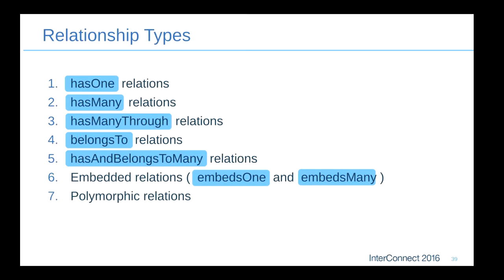So in that example, a coffee shop has many reviews. "Has many" is what we call a relationship type, and we support several different relationship types. Depending on the relationship type, LoopBack defines a different JavaScript method on your model.